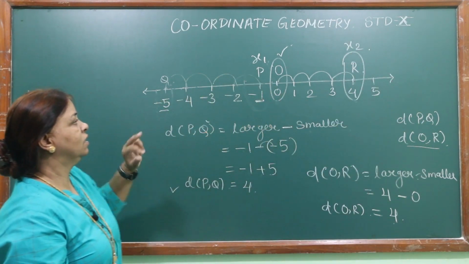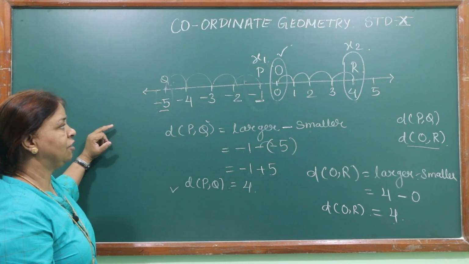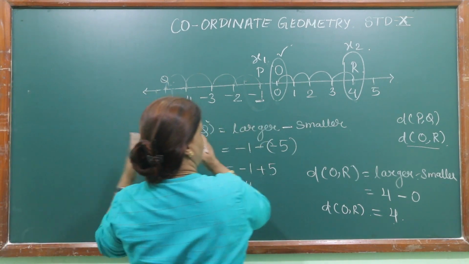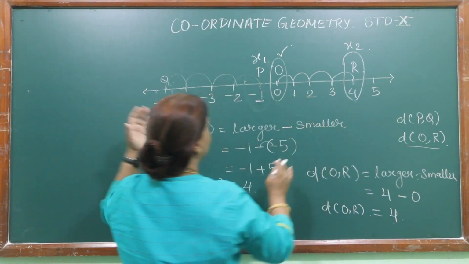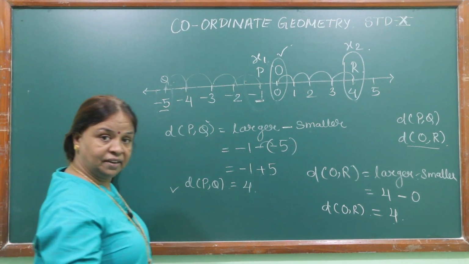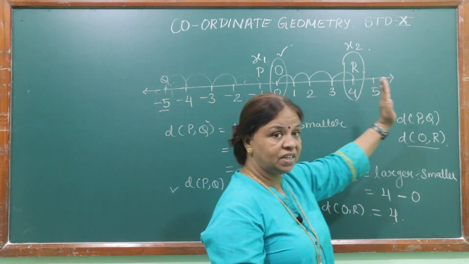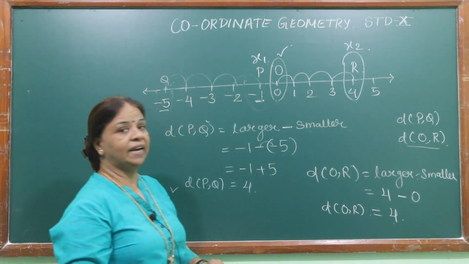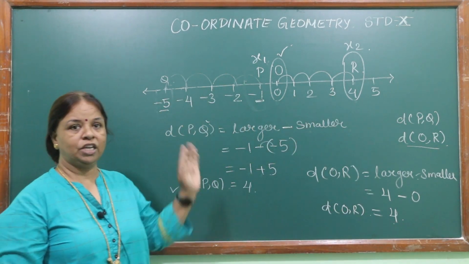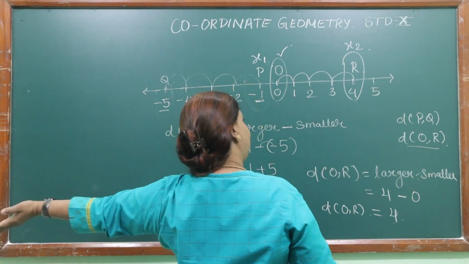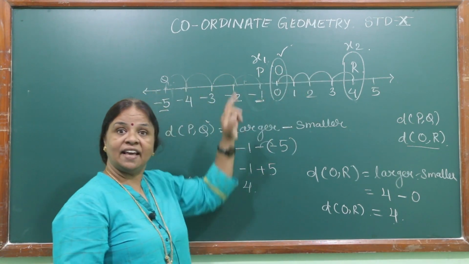Now look for the coordinate of point P. It is on the left side. And as you know, in the number line, if you move towards left, the value decreases, and if you move towards right, the value increases. Now which coordinate is greater? x2 is to the right and x1 is to the left. So x2 is greater than x1.